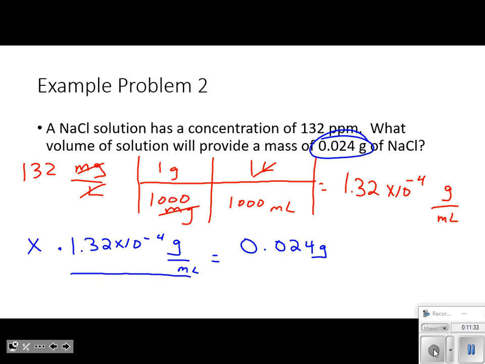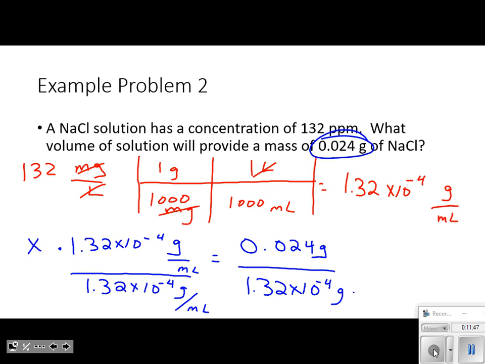Then I'm going to divide both sides by my concentration. My grams are going to cancel because I got one on top, one on the bottom.